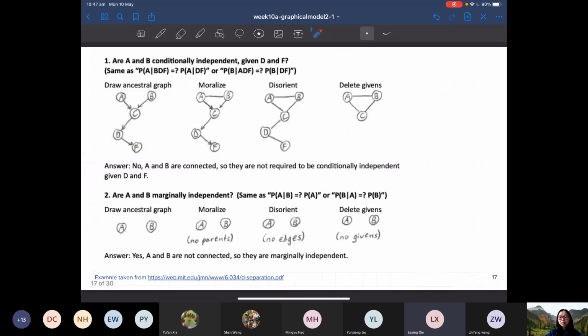I don't think the Bishop book gives a constructive example. It just says, you are warned, if you moralize or turn the Bayes network into an MRF, you're going to land up with a likely different conditional distribution or joint distribution expression.